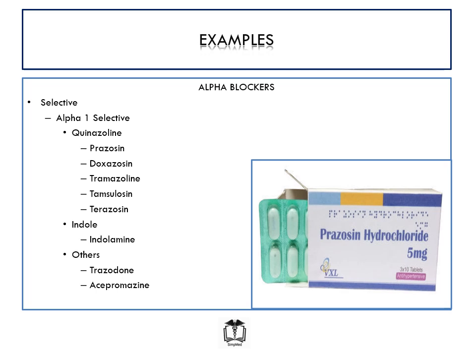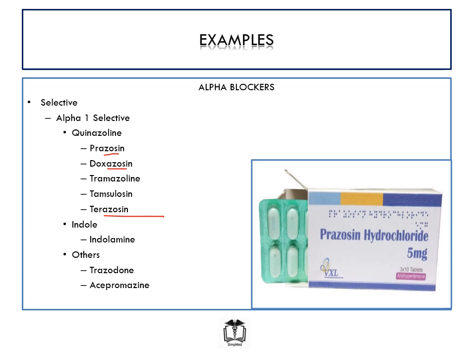So we have prazosin ending with azosin. We have doxazosin also ending with azosin. We have some exceptions to the rule like tolazoline and tamsulosin, but most of the other drugs under this class usually tend to end with the suffix azosin. So if you see any drug ending with azosin, you should be thinking about an alpha 1 selective drug.